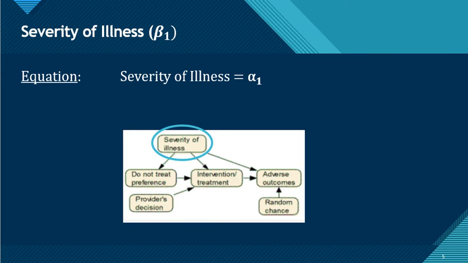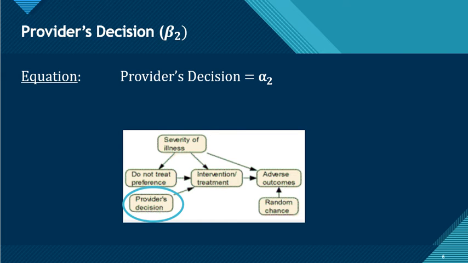And I use this standard in the equations that will be shown in the upcoming slides. Here we see provider's decision, which is another root node, so it will be fairly similar to the previous equation, being provider's decision equals alpha.